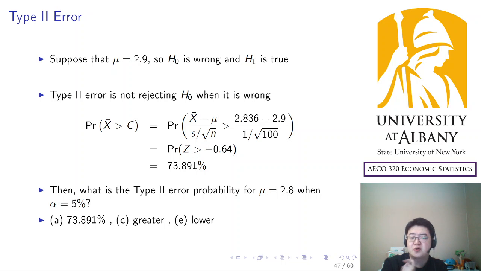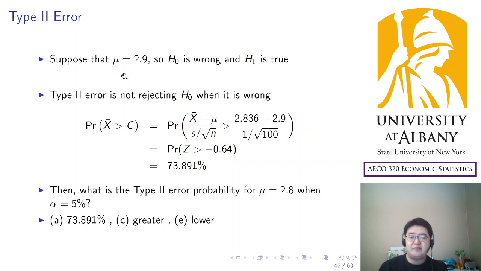There is no shortcut for this, and we have to assume what the true mean is, which is different from the hypothesis. In this case, I'm going to assume 2.9. So that means the company is making a 2.9 pounds product, but selling it as a 3-pound product. So the company is cheating and has to be punished.